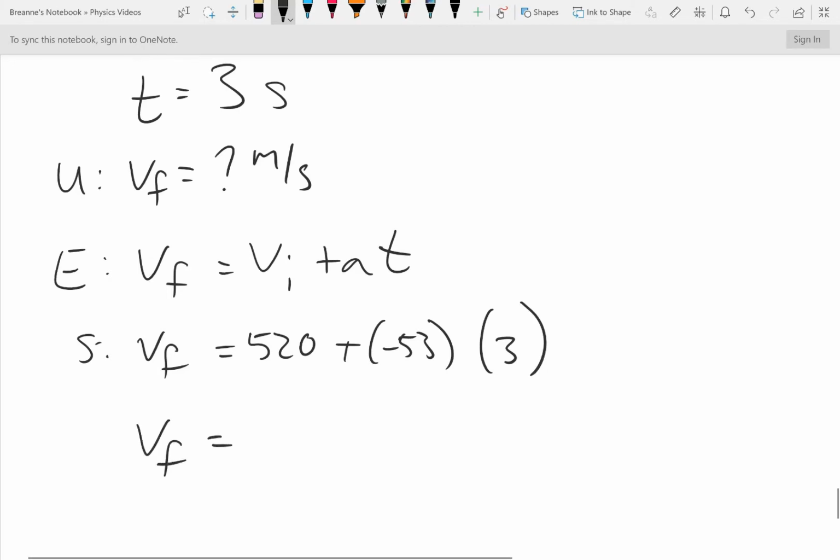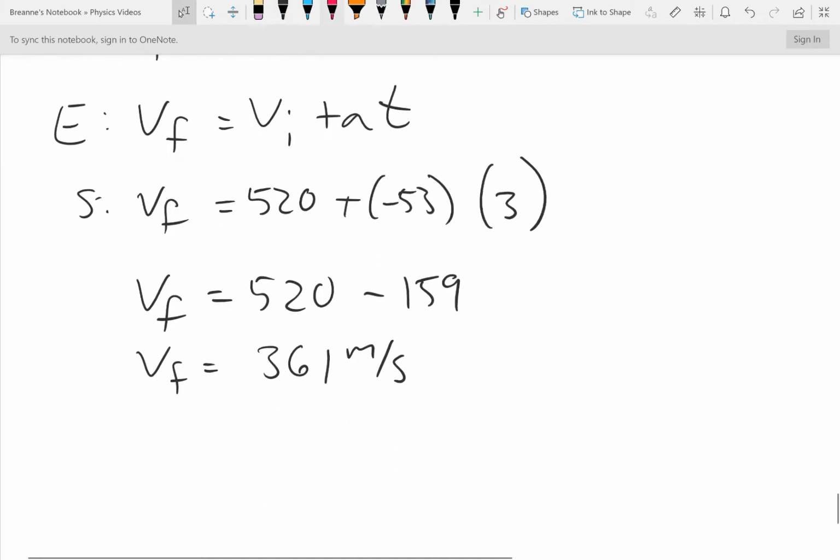So now you just plug it in. Let the calculator do the hard work for you. So you do 53 times 3, and you're left with 159. Then you do 520 minus 159, and that gives you 361. That is your final velocity.